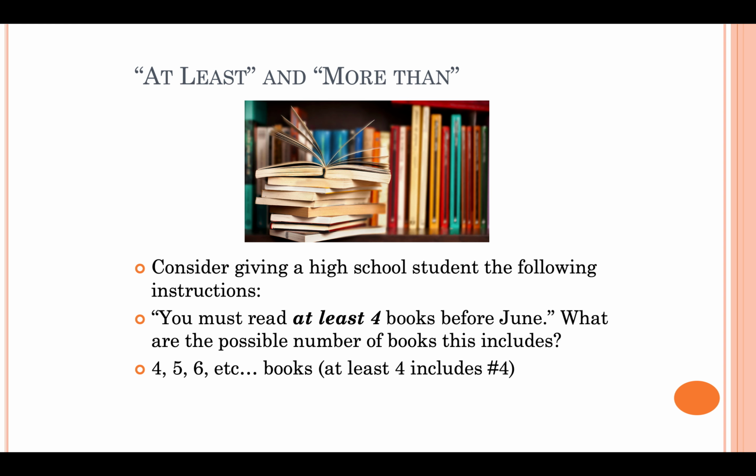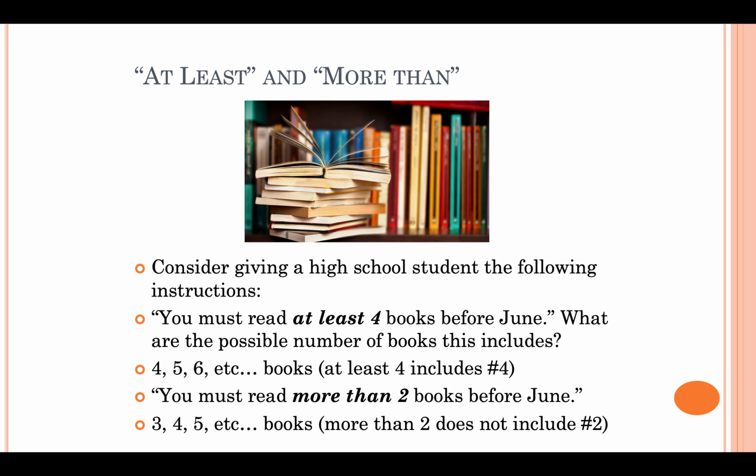And if we change the words a little bit and we say you must read more than 2 books before June, it changes slightly because more than 2 does not include the number 2. It means 3, 4, 5, and more. So more than 2 does not include the number 2.